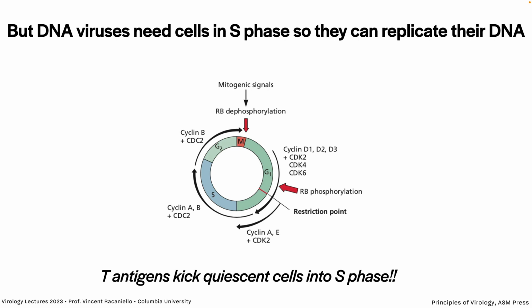Well, it's the T antigens. The T antigens bind RB and bump it off E2F, and now all the genes needed for cell division can be activated. T antigens kick quiescent cells into S phase. They relieve this checkpoint here in G1 and allow the cell to keep dividing. That's so they can make viral DNA.